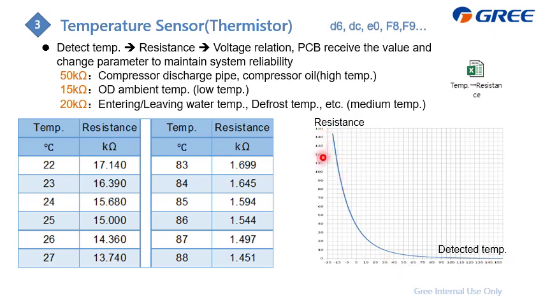We always use this part to check the resistance and the temperature, which means it is more sensitive. This is the reason why we need 3 types of sensors, because the sensitivity is different. And why we call it 15K ohm or 20K ohm is based on the temperature being 25 degrees: if the detected resistance value is 15K, then it is the 15K ohm sensor.